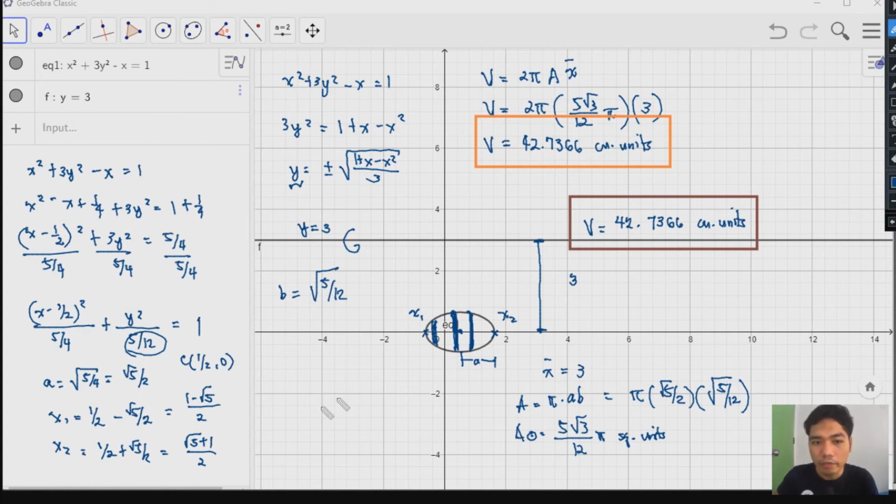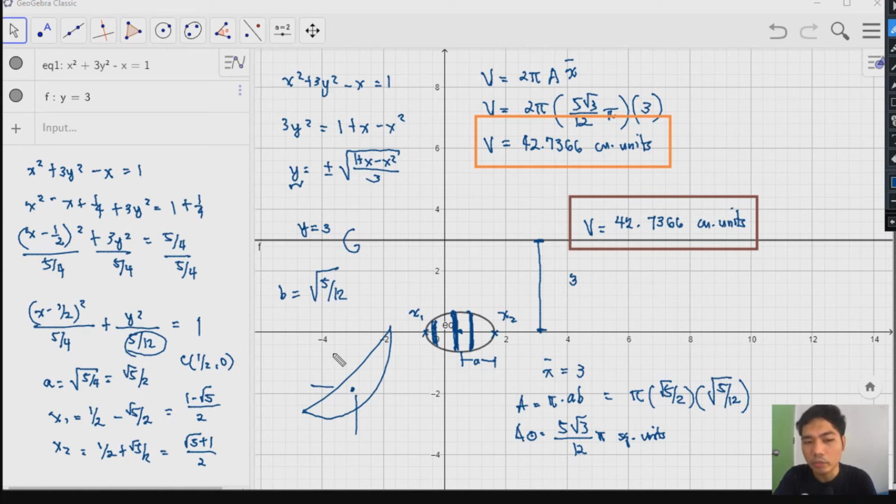For example, you have this kind of figure. Can you really determine the center of that? You know quite well that it's around here, but can you really determine the coordinates of that by inspection? It's quite difficult for you to do that because it's irregularly shaped. So this theorem of Pappus is not recommended in that kind of scenario.